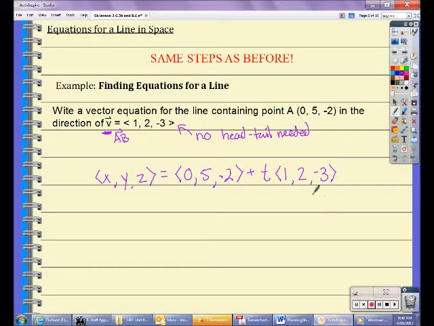We don't need anything else. We don't need to do the head minus tail. They gave it to us. Same steps as before. Distribute your t. Add your vectors.